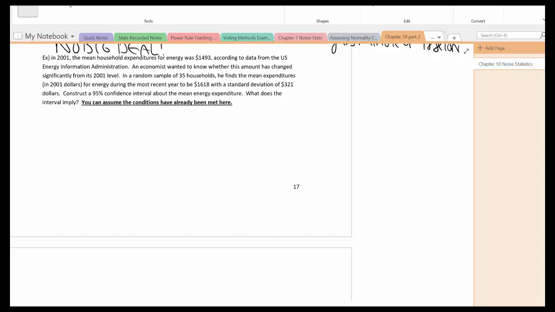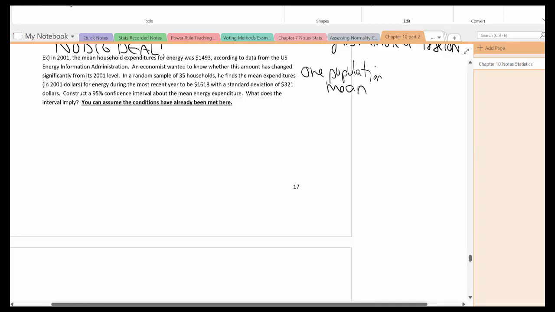So again, what do we have? It's one population. There's a mean. And this time around, it is asking for a confidence interval.